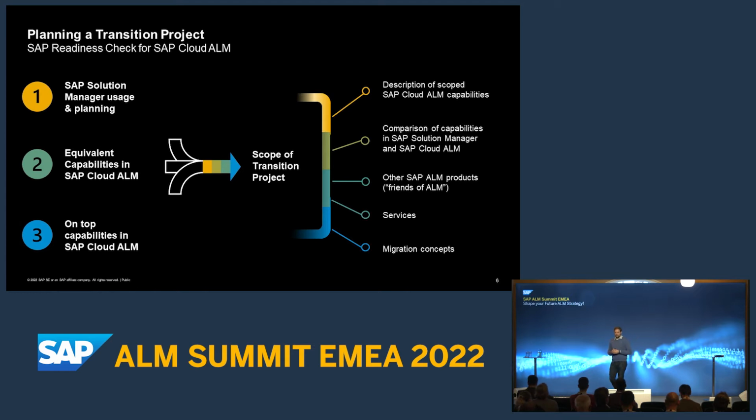We give you that information. Which services are also provided by SAP is there, and migration concepts or migration tools, when they become available, you will also get that information there. And as I said, we always make sure that we keep all this information up to date.